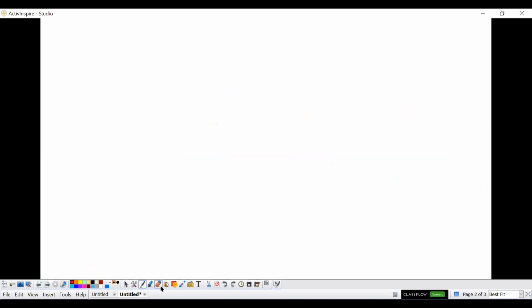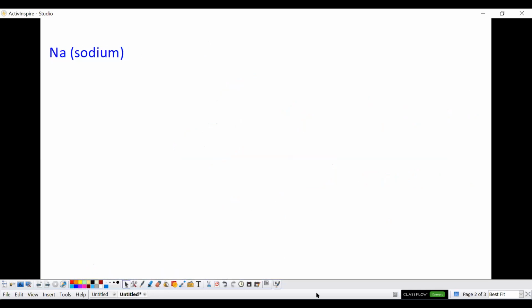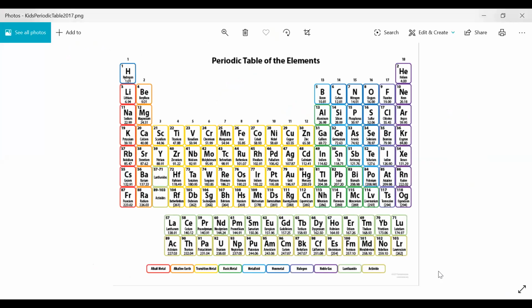Let's try Na, which is sodium. So remember the first step. The first step is to look at the periodic table. And here it is. And if I find sodium, sodium is right here. Okay, so its symbol is Na, and sodium is in group 1.